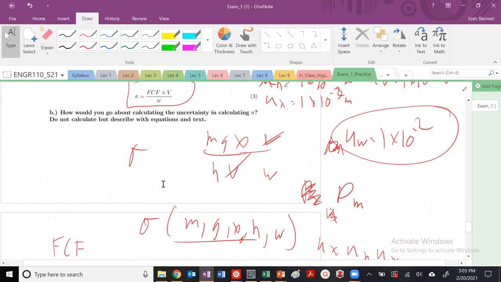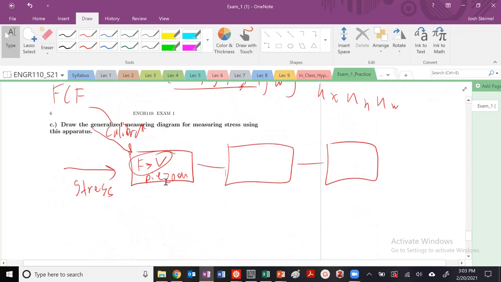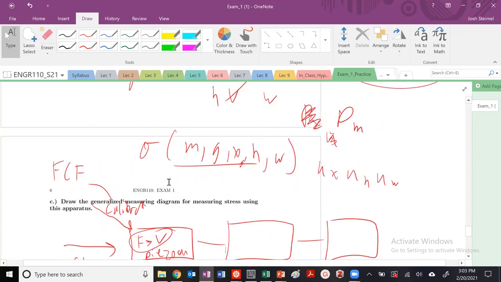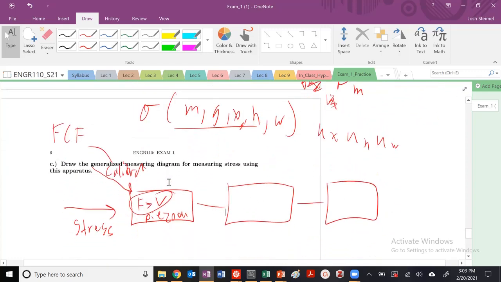So the only factor that we're going to deal with is our FCF equation, and then sigma is equal to FCF times voltage over our width. So that's all the mathematical operation going on here. And finally, our readout is once we plug that back in and calculate that stress.